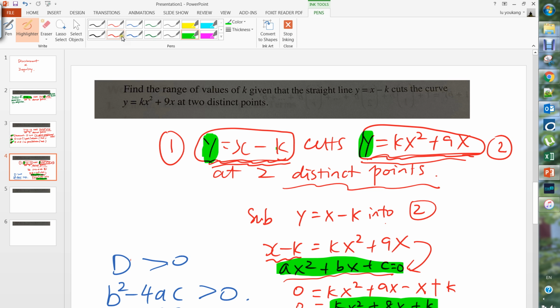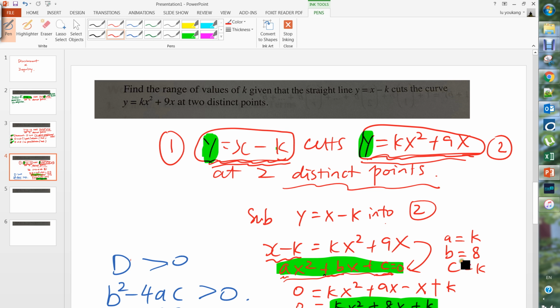So clearly you can see what? You can see your a is equal to k, right? Your a, you compare to, is equal to k. Next, your plus b, which is your b, is equal to 8. And subsequently, your c is equal to k.